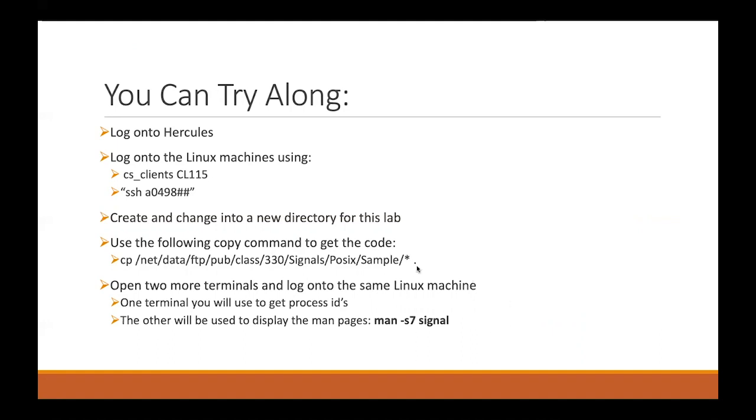I'd also like you to have another terminal open where we take a look at the man pages, so that you can learn how to read them and get some information about signals. Type man -S7 signal, and it will open up the man pages, and we'll pop into the next video in a second.